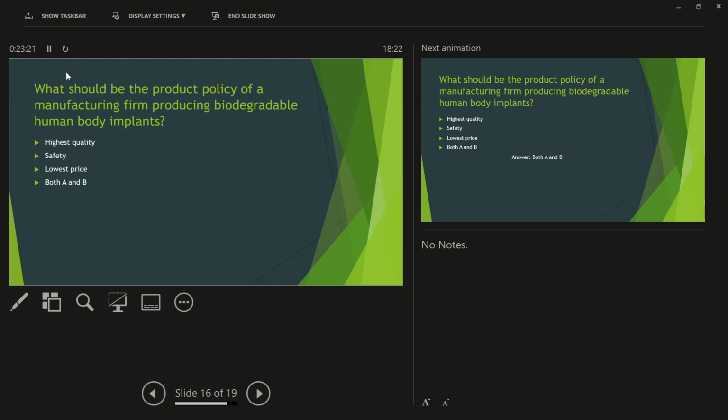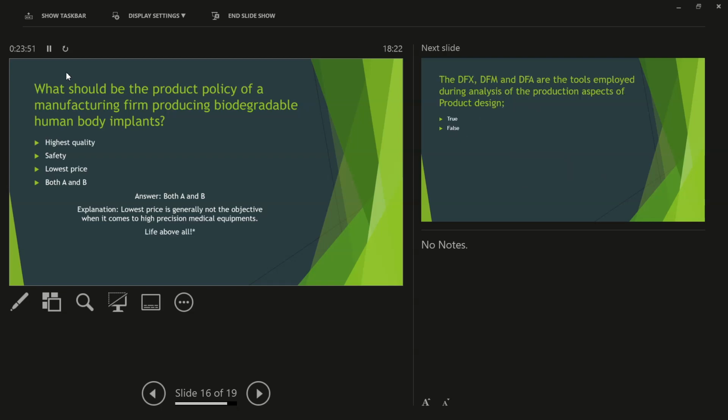And why not lowest price? Correct answer. So it's both A and B. Lowest price is generally not the objective when it comes to high precision medical equipment.